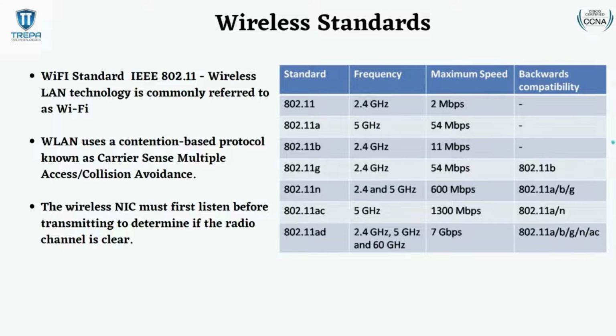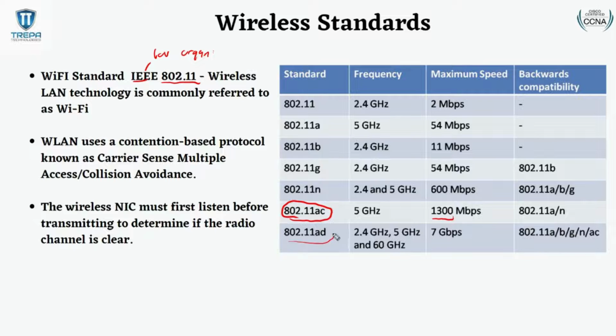And then we have the different Wi-Fi or wireless standards. The IEEE, the governing organization, 802.11 is going to set the different standards and speeds and frequencies for Wi-Fi. As we can see here, 802.11ac, a common one nowadays, has a maximum speed of 1,300 megabits per second.